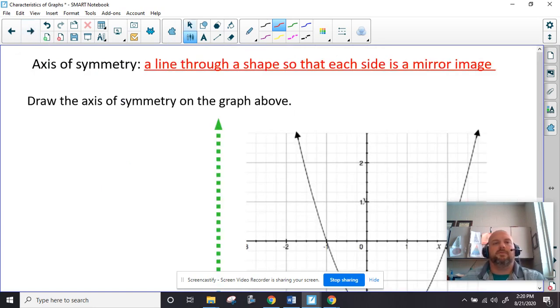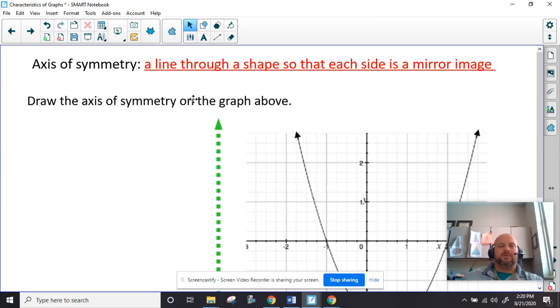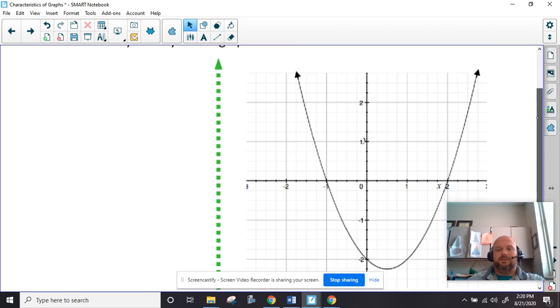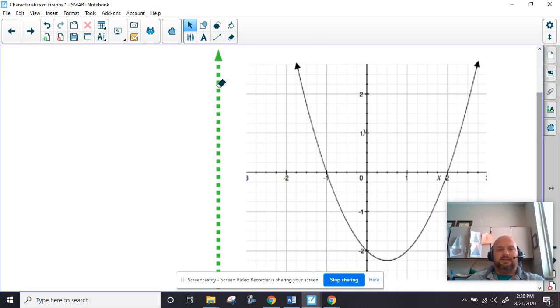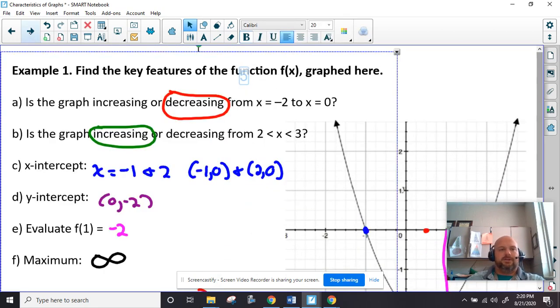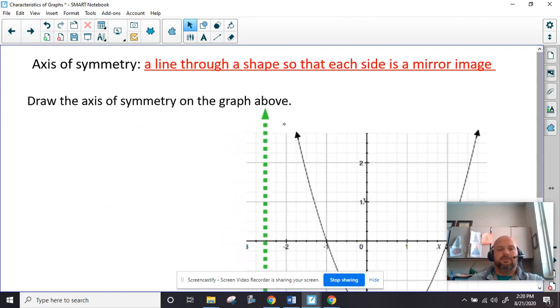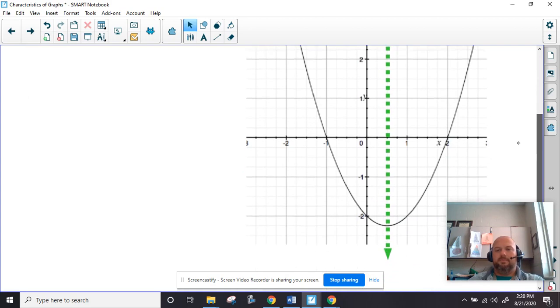Well, before we do that, axis of symmetry. We're going to get really into this when we get to Unit 9, when we cover quadratics and graph them. It's basically a line through the shape. I will tell you this, all the axes of symmetry go through the minimum.